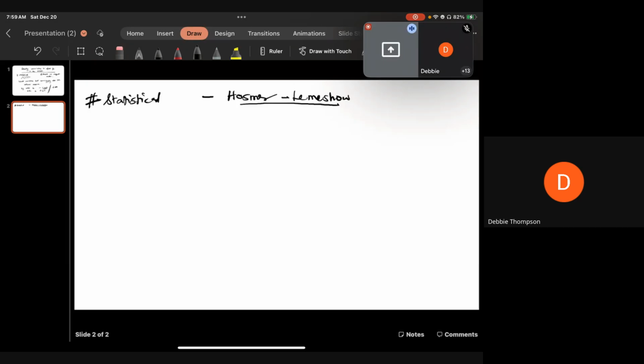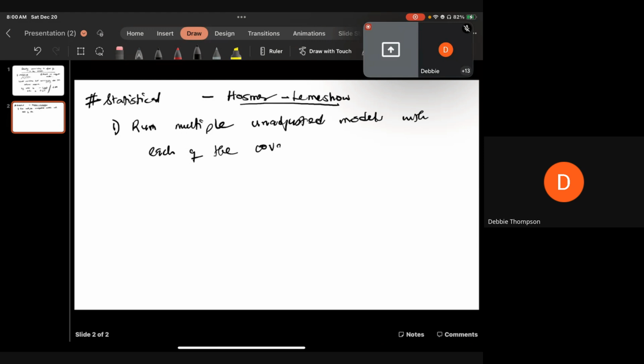The first step will be to run multiple unadjusted models with each of the covariates of interest.